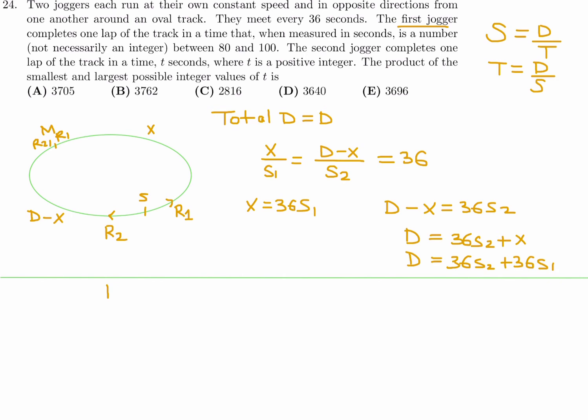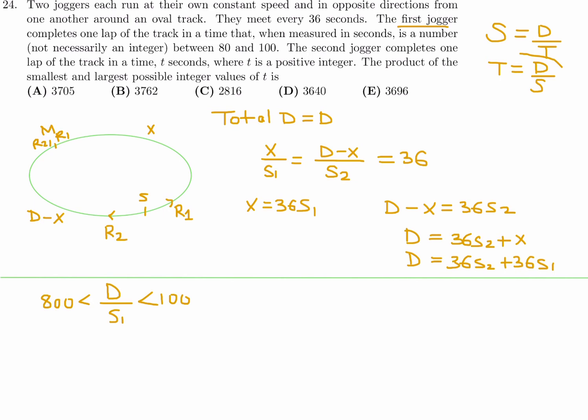The d that we are talking about in this case is one full lap of the track for the first jogger, so one full lap of the track is just d. We have to divide by the speed, which for the first jogger would be S1. And they're saying that is between 100 and 80.